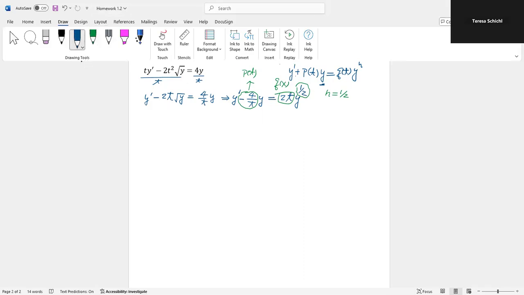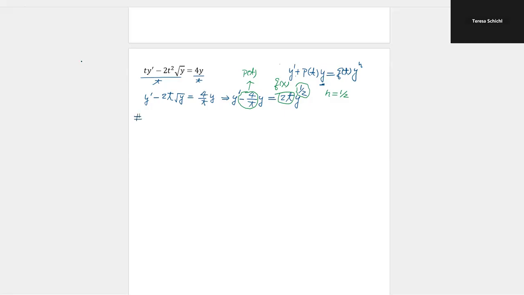Step number one, just like we did before, is to define the new variable v. V is always y to the 1 minus n, so y to the 1 minus 1/2, which is y to the 1/2, or the square root of y.